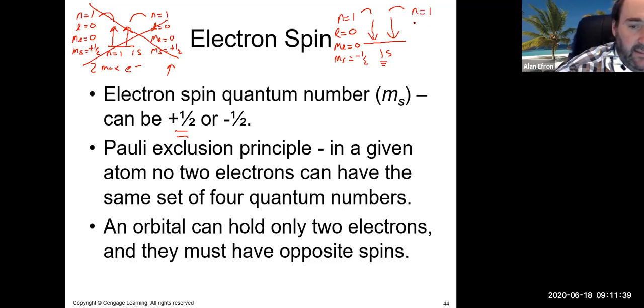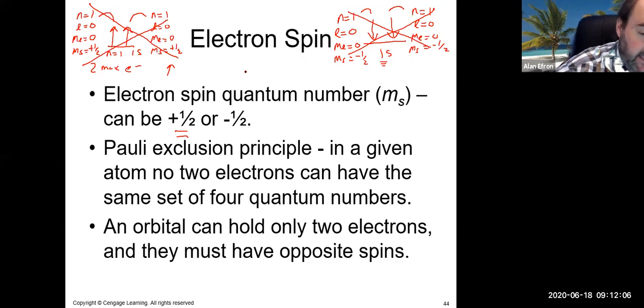N equals 1, L equals 0, m sub L equals 0, and m sub s equals minus 1/2 in this particular case. And you can again see that in this case, if we put the electrons into the individual orbital heading in the same direction but downward, we still hit the same 4 quantum numbers, which again is also a violation of Pauli's exclusion rule.